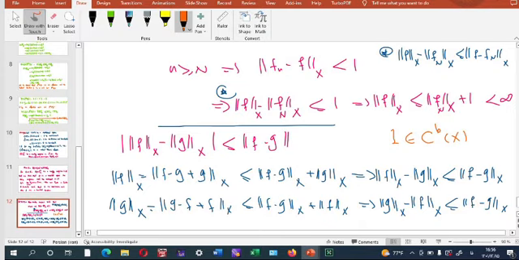This function is continuous and bounded, so that this is a unital Banach algebra.